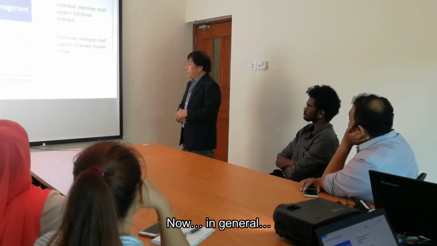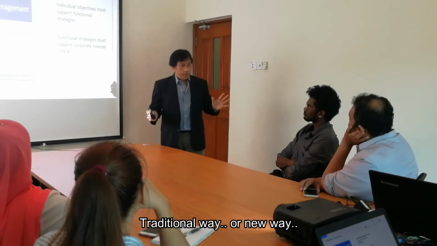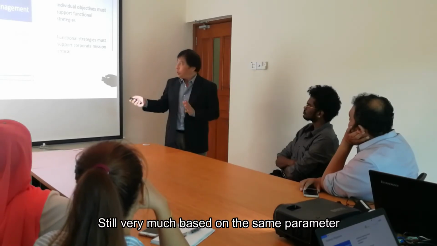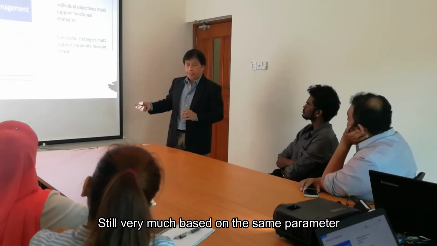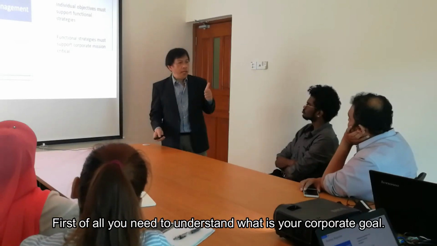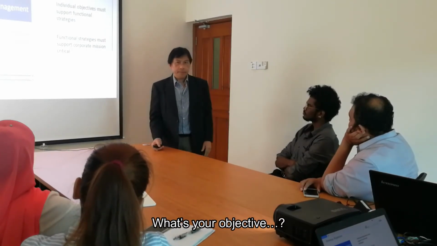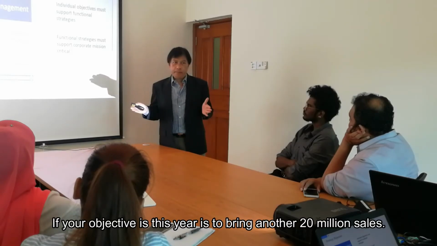Now, in general, the traditional way or the new way is also still very much based on the same parameters. If you want to manage your performance, first of all, you need to understand what your corporate goal looks like. What is your objective?